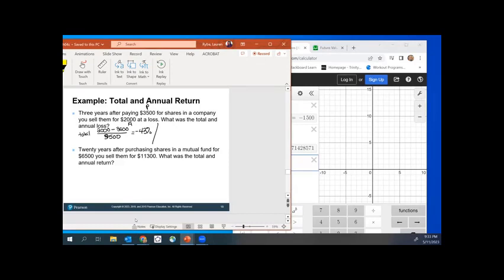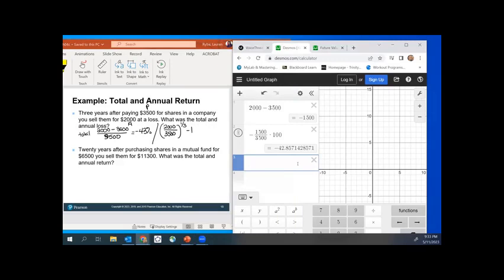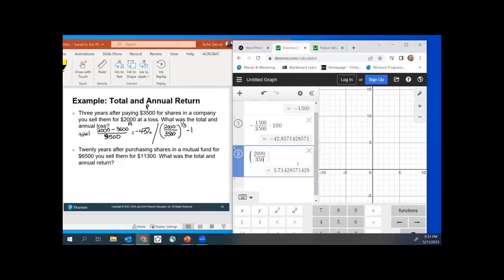Now, if I want to do annual, I'm going to take that A value, 2,000 over the P value, raise it to the 1 over, let's see, we had this for 3 years, so 3, and then minus 1. So open parentheses, 2,000 over 3,500.